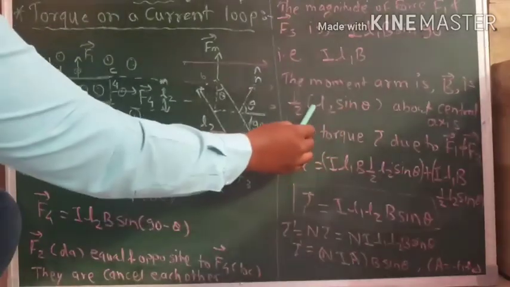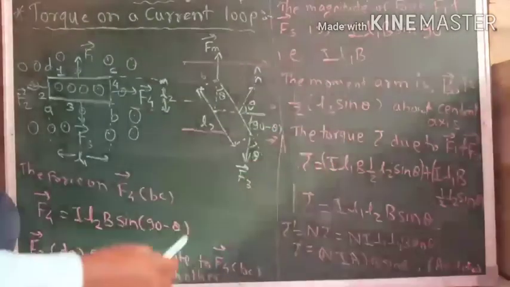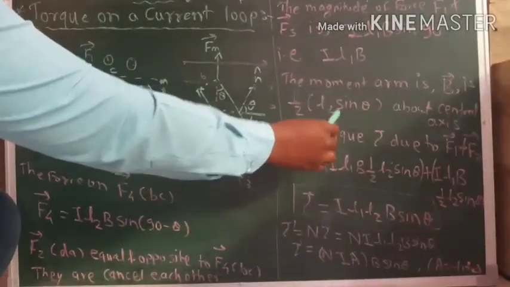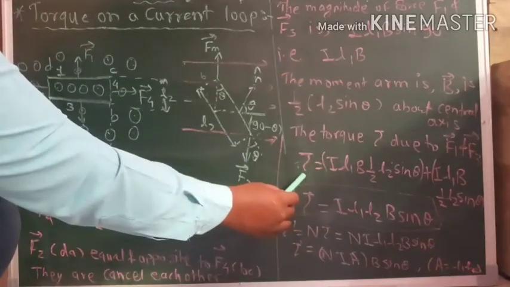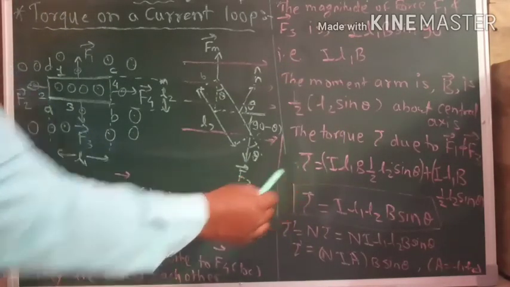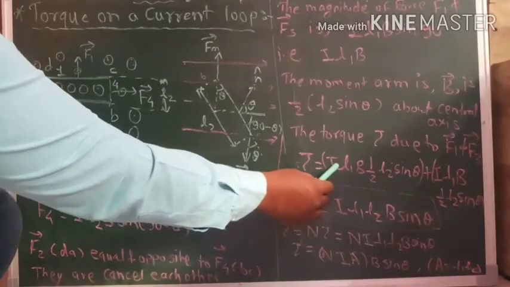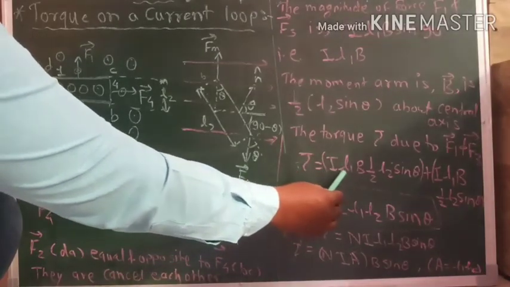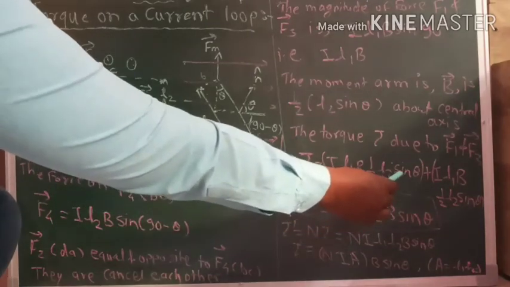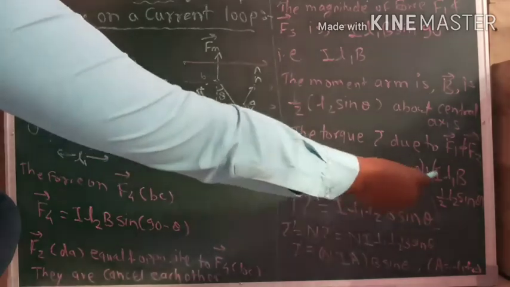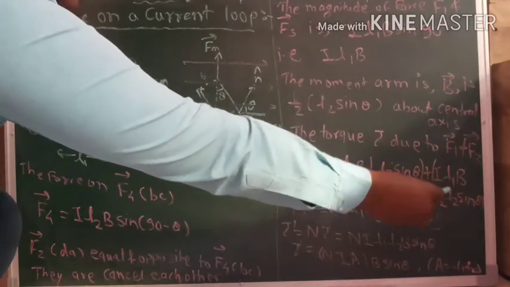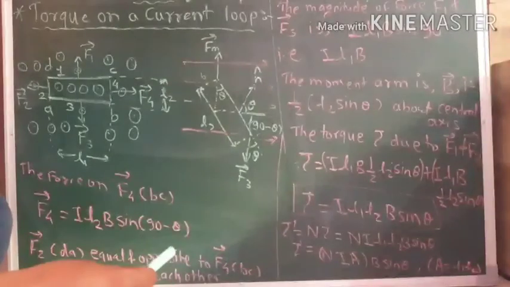Therefore we can write I L1 B times 1/2 L2 sine theta. Net torque tau is equal to, for the first arm, I L1 B 1/2 L2 sine theta, plus for the second arm, I L1 B 1/2 L2 sine theta.